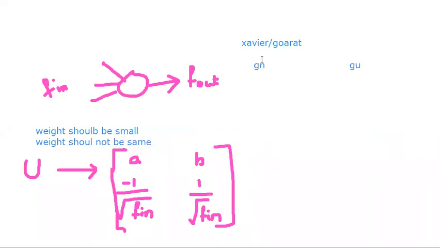Here I will write down the formula. For the Glorot normal distribution, the formula will be under root of 2 by fan in plus fan out.